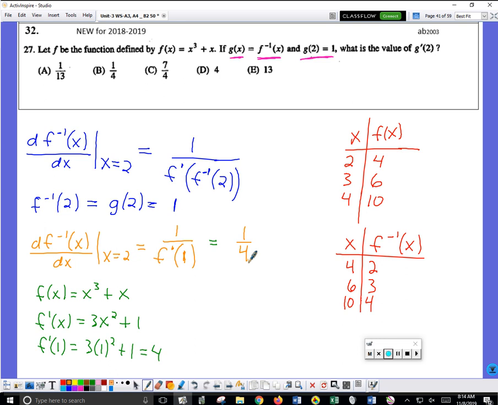Nicely done. I felt like I was asking a really stupid question, but I just wanted to make sure people were not just lost in the work. We just circle B, that's it. That's all you do. How many knew it? 2 points. Okay.